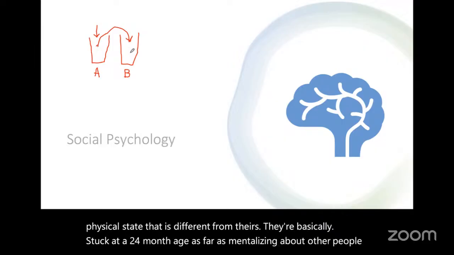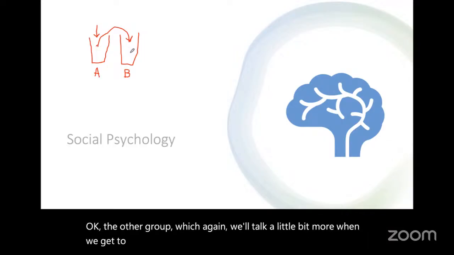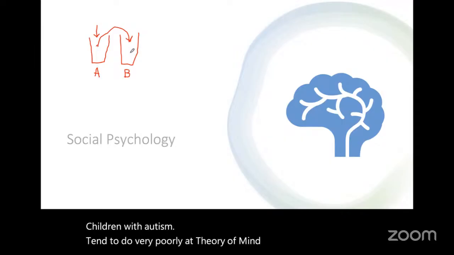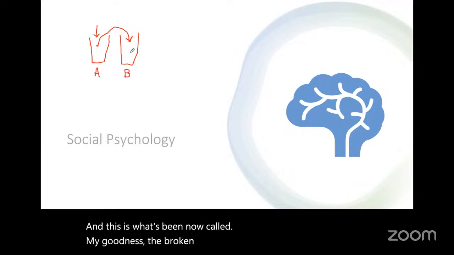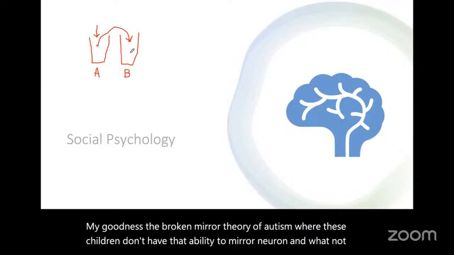The other group, which we'll talk a little bit more about when we get to the abnormal section, is children with autism, who tend to do very poorly at theory of mind tasks. This is what's now been called the broken mirror theory of autism, where these children don't have that ability to mirror with other individuals.